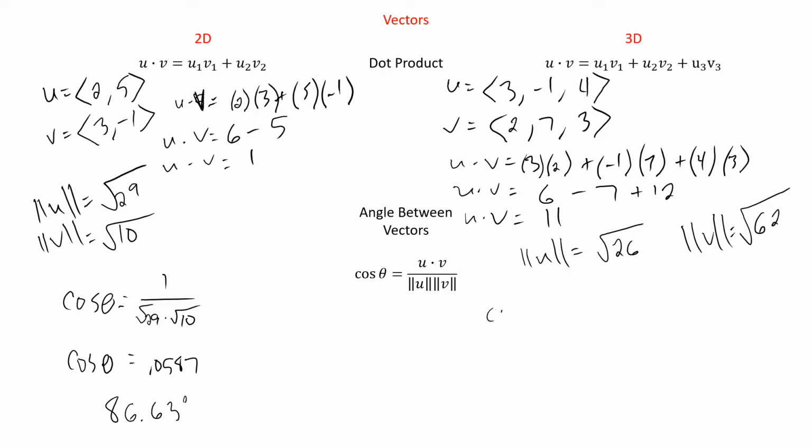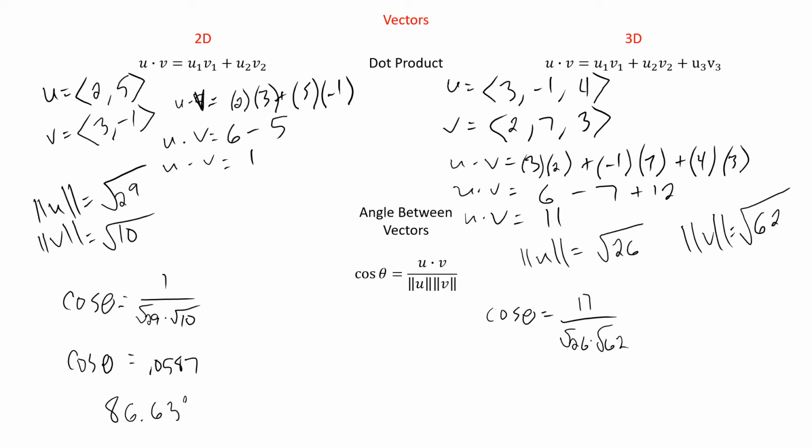So we can set it up. Cosine of our angle equals the u dot v, that's the 11, we've already found that, over root 26 times root 62. So we can figure out what that is. I always do the roots first so that I don't accidentally do 17 divided by root 26 and then multiply that by root 62.